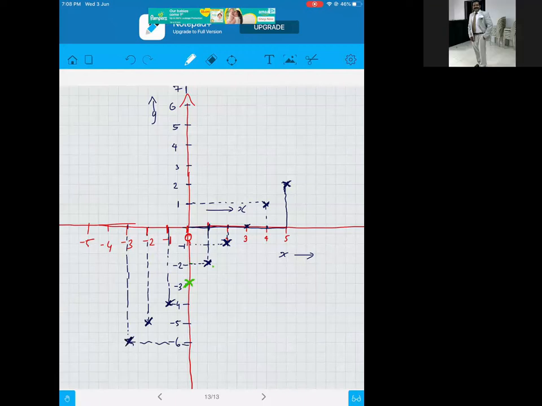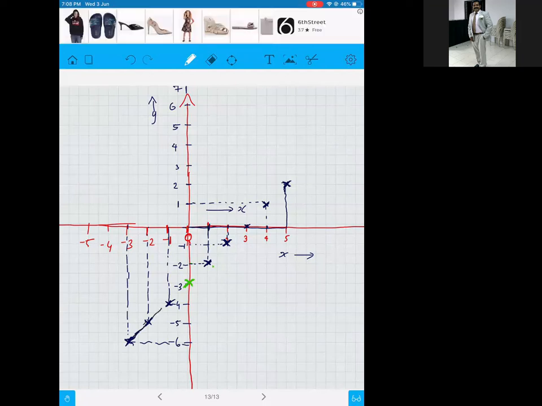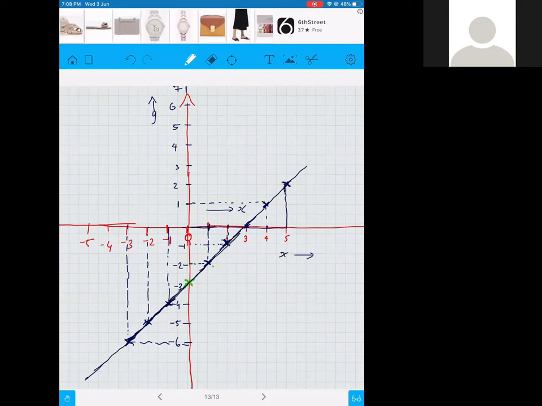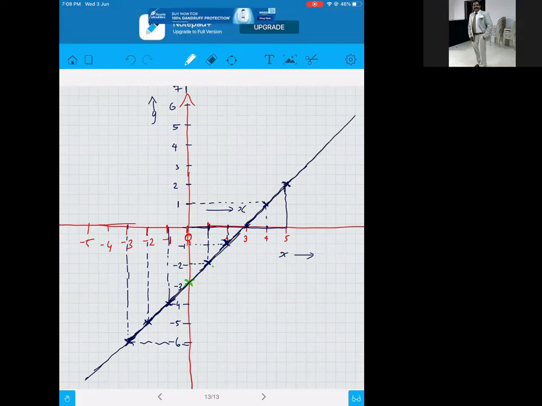Then we need to draw the graph. That means we need to get the pattern. So what we have to do is take a scale and join all these dots using a straight edge or a scale.